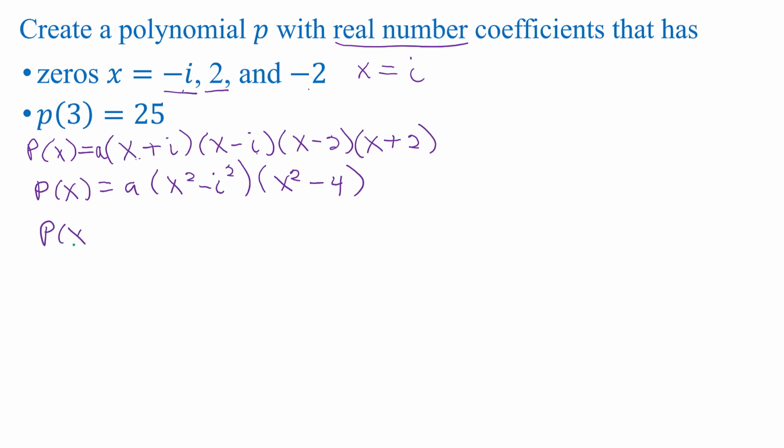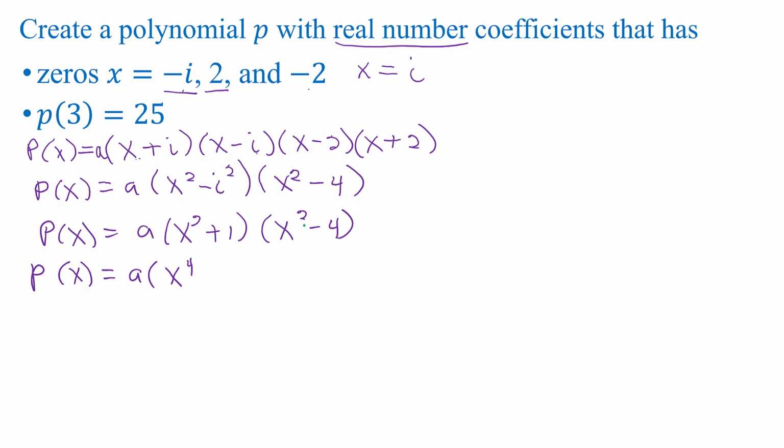So we will next multiply x squared minus i squared, which I should say is x squared plus 1. i squared is negative 1, so x squared minus a negative 1 would be plus 1, times x squared minus 4. We multiply together to get a times x to the 4th minus 4x squared plus 1x squared would give us minus 3x squared, and then minus 4.